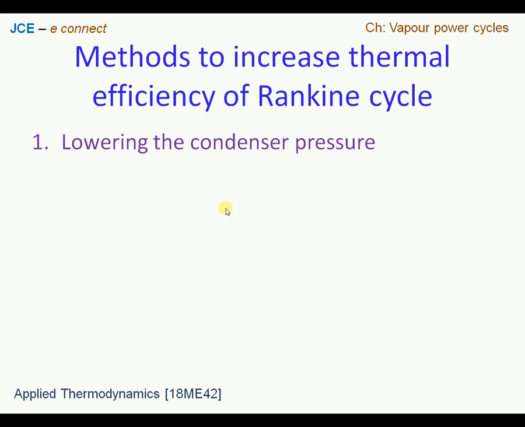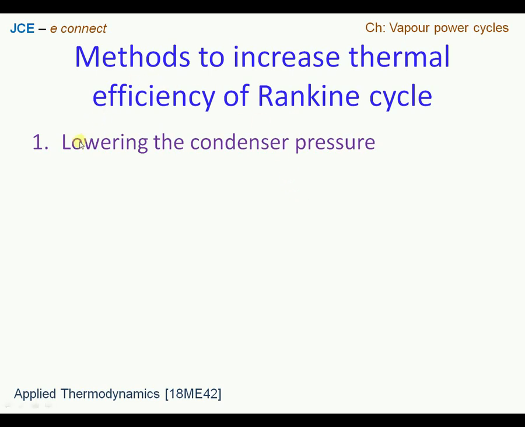We know that in reality most of the power that is being supplied throughout the world is from thermal power plants, that is steam power plants, and tons of coal and fuels are used. If there is a little improvement in the thermal efficiency, that can reflect in huge savings in terms of fuel cost. So therefore different methods and means are tried out to improve the thermal efficiency.